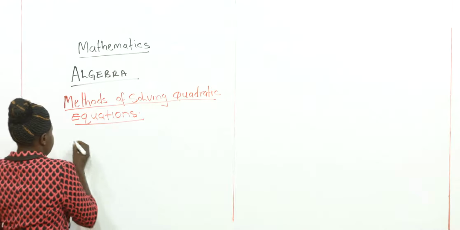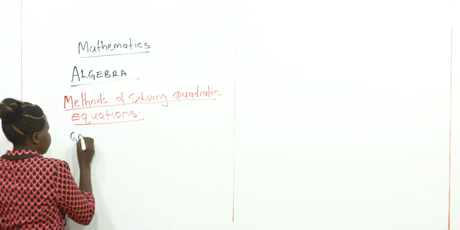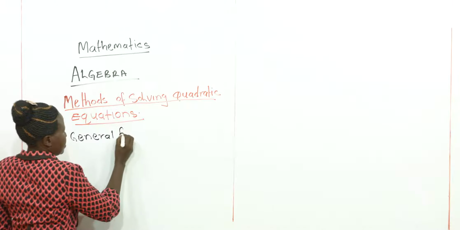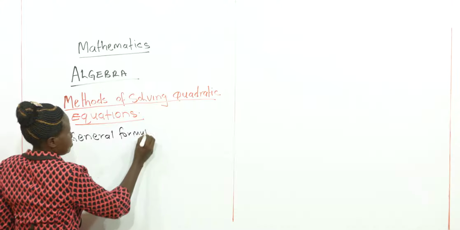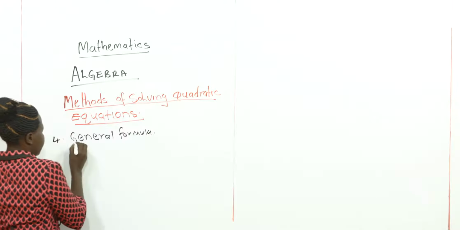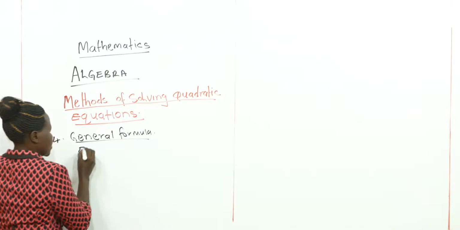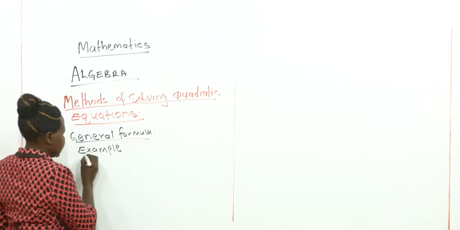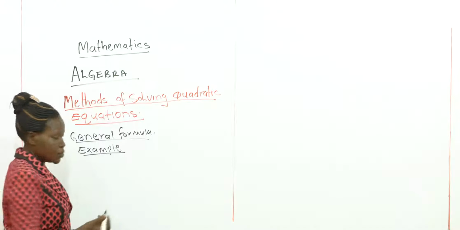So under general formula, that was number 4. So I want us to look at it to remind ourselves on how to use the general formula in solving quadratic equations.